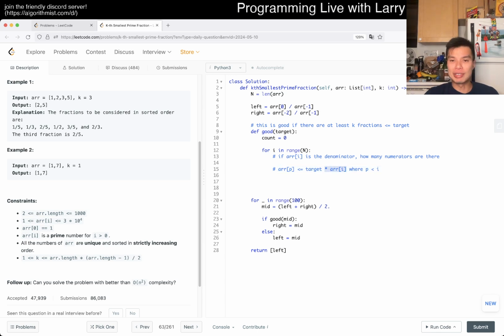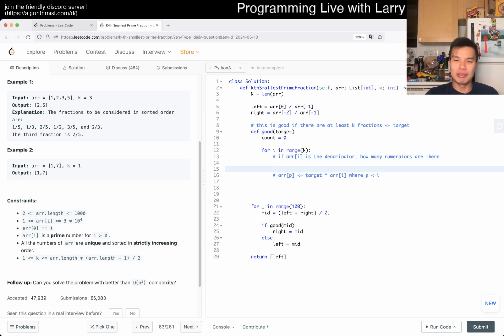Right, and now we have this number which we know for the given target. Then we can binary search the upper bound of this. The array is already sorted, so we don't need to do anything funky. We just need to do something like this, right? Oops, we have to do the array.